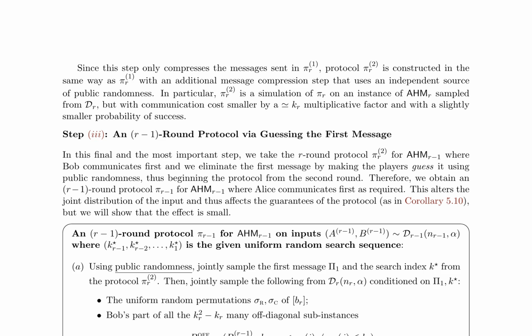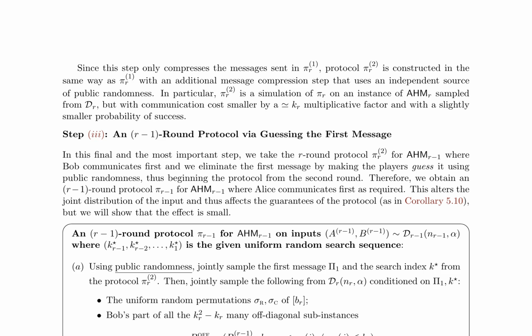The protocol pi 2 R is constructed by adding an independent source of public randomness to pi 1 R, which compresses the messages sent in pi 1 R. This results in a protocol with a smaller communication cost and a slightly lower probability of success.